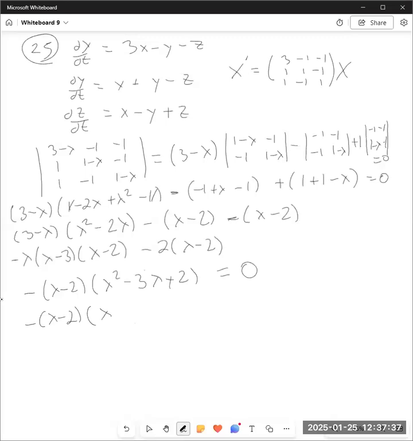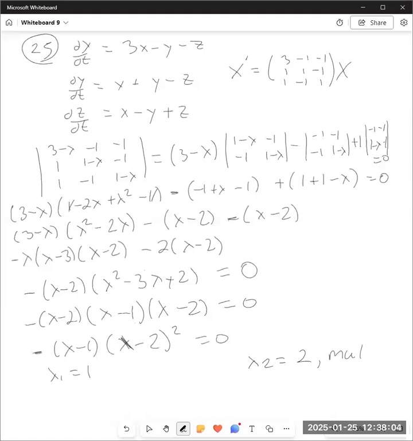So this is lambda minus 1 and lambda minus 2. So that gives me a negative lambda minus 1 times lambda minus 2 quantity squared. That gives me a lambda 1 of 1, and a lambda 2 of 2 with a multiplicity of 2.